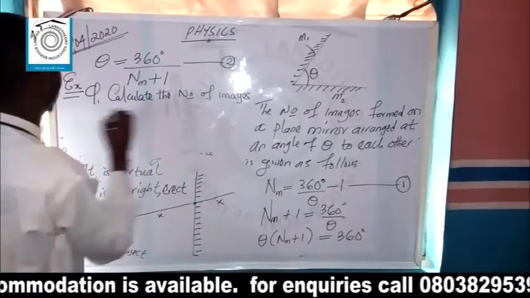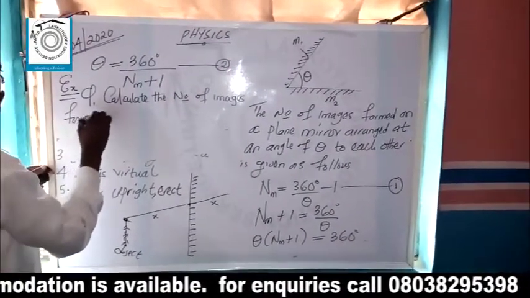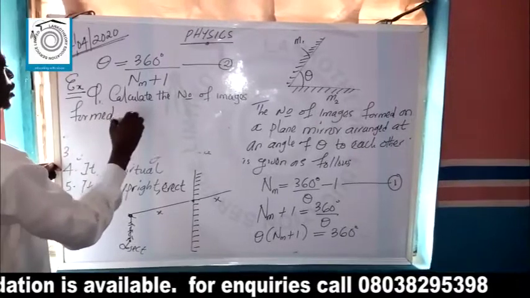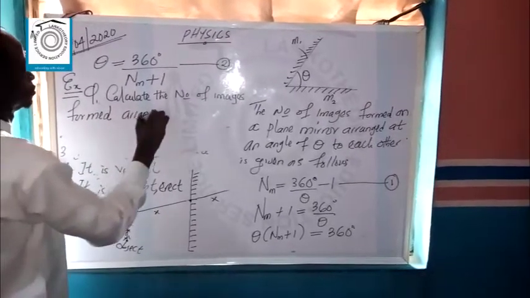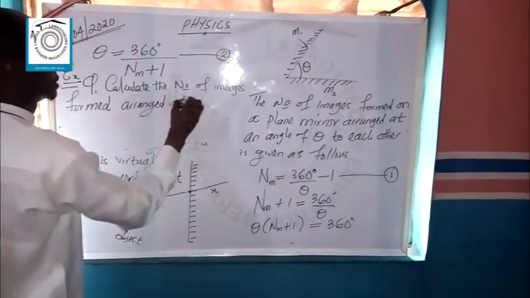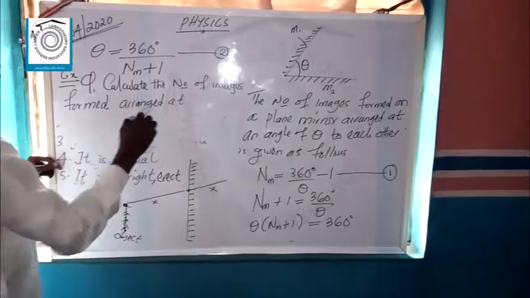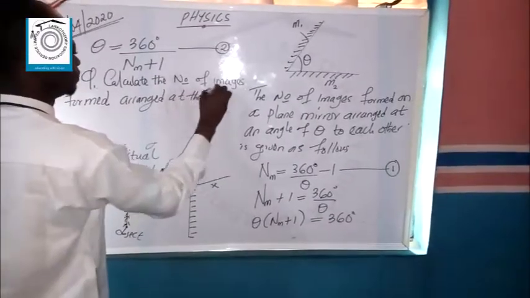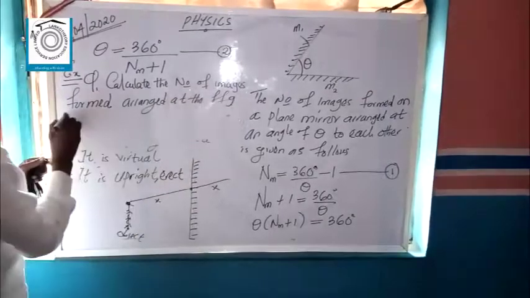Calculate the number of images formed by mirrors arranged at the following angles.